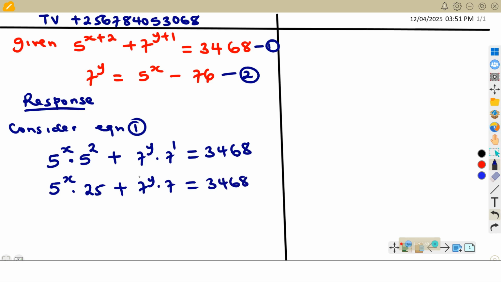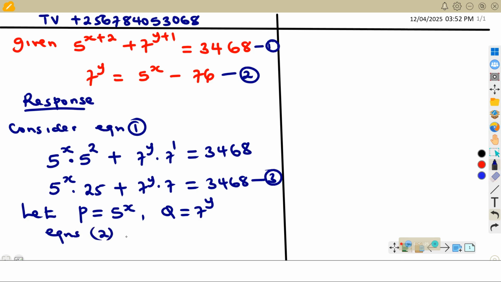From here, you realize we have created 5 to the power x and 7 to the power y. To simplify life here, let p represent 5 to the power x and q represent 7 to the power y, since they are common in the 2 equations. So this will be equation number 3.